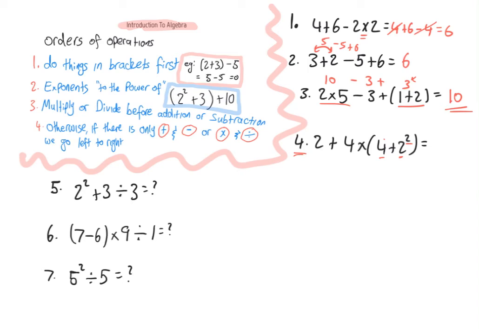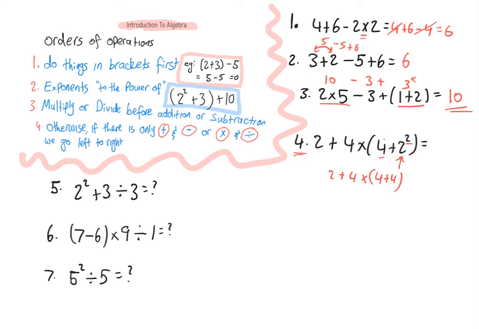Since we're going to start with the bracket, and inside we need to do something, what we'll do is identify what 2 to the power of 2 is. If you put that in the calculator, that's 4. So we're going to have 4 plus 4 inside the bracket, multiplied by 4. And then we're going to add 2 to it at the end.